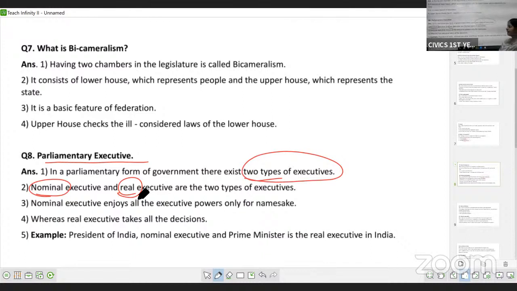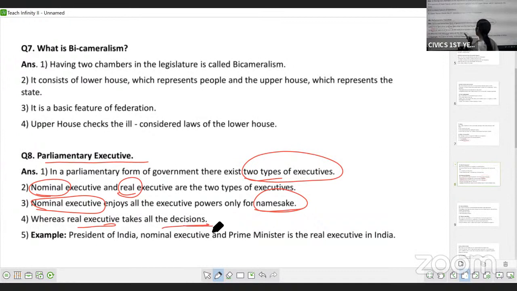The nominal executive enjoys the executive powers only for the name's sake. Okay, he enjoys the powers only for the name's sake, and it is the real executive who takes all the decisions. Okay, so example, President of India is nominal executive, Prime Minister is the real executive.